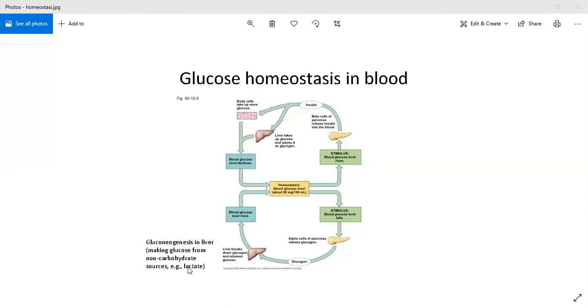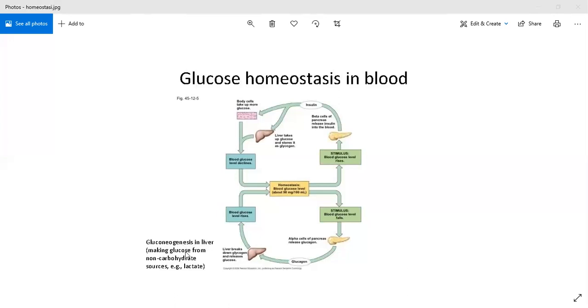This is lactic acid, broken down also to glucose, because now we need to get glucose from any other source. We're not waiting to eat carbohydrates. If we have some protein in the muscles, we need to break it down. If we have some fat in the adipose tissue, we need to break it down because it can give us glucose also. And the process is called gluconeogenesis.